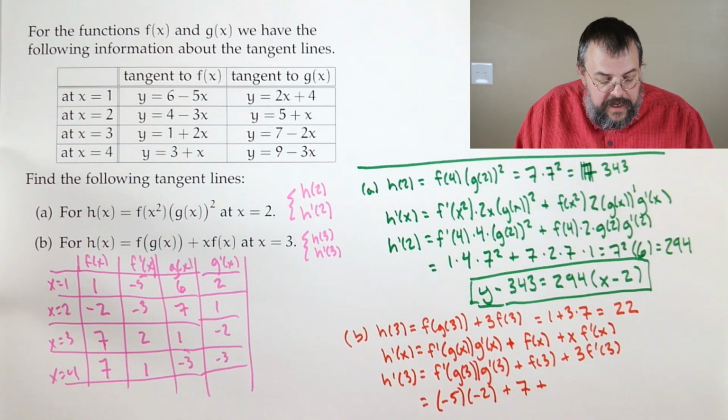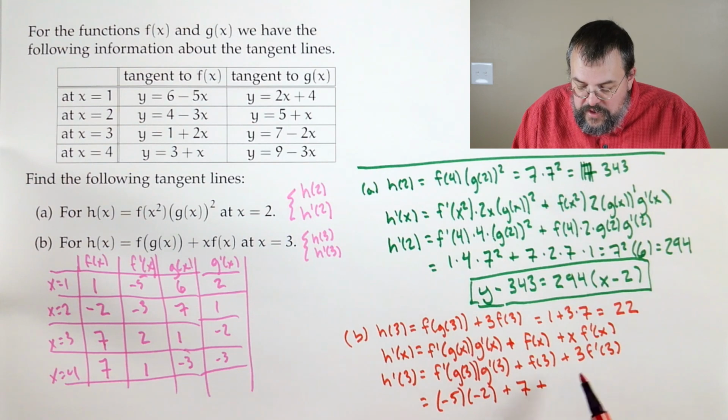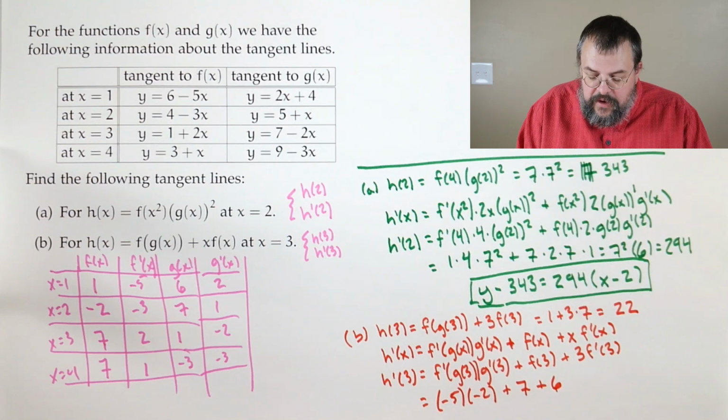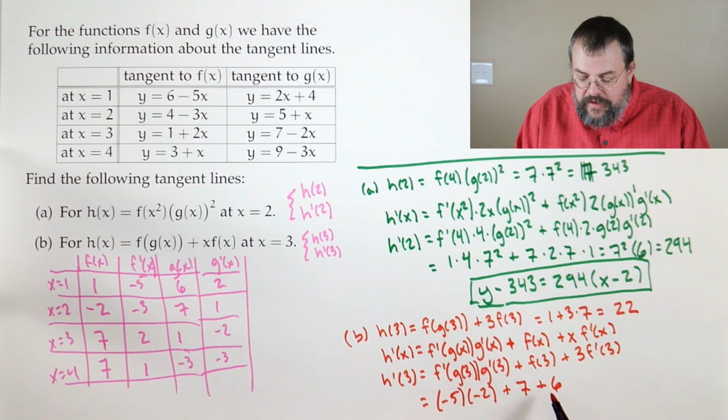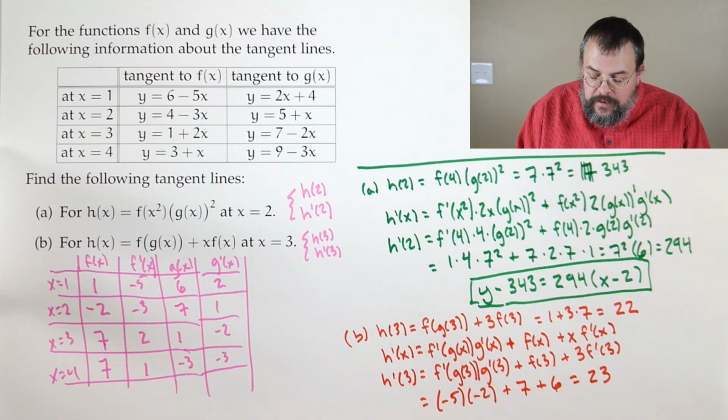And then f prime of 3 is 2, so plus 3 times 2, which is 6. So I have 10 plus 7 plus 6 makes this 23. So 22 and 23.